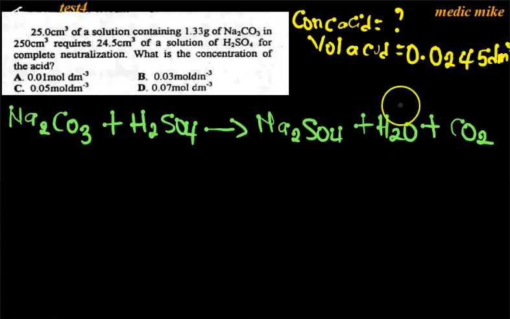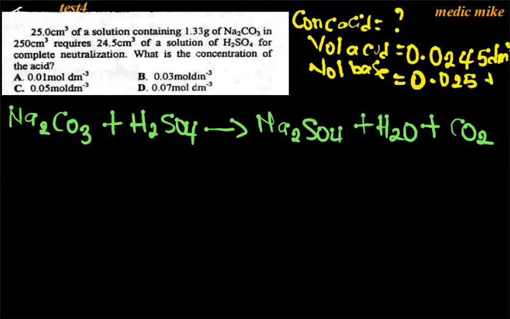So this is the volume of our acid in dm³. The volume of our base is 25 cm³, but when we convert to dm³ by dividing by 1000, it gives us 0.025 dm³. Now our concentration of our base, we don't know that yet, so we have to find that with the parameters that were given to us.